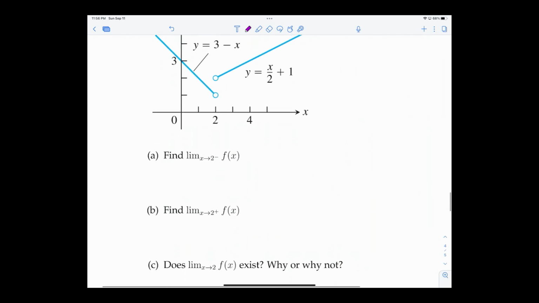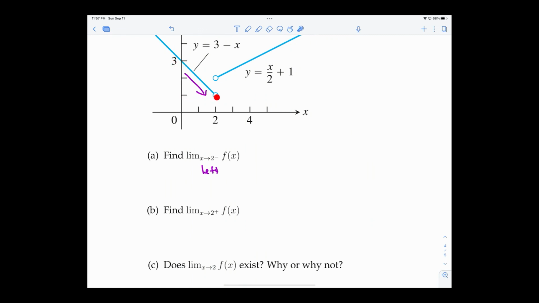start here. X goes to 2 from the left, right? This is left. So we're doing this. So where do we end up? We end up right here as we approach 2 from the left. And what's that y value? Well, it's right here, right? This is 3, so it's 1, 2, 3.